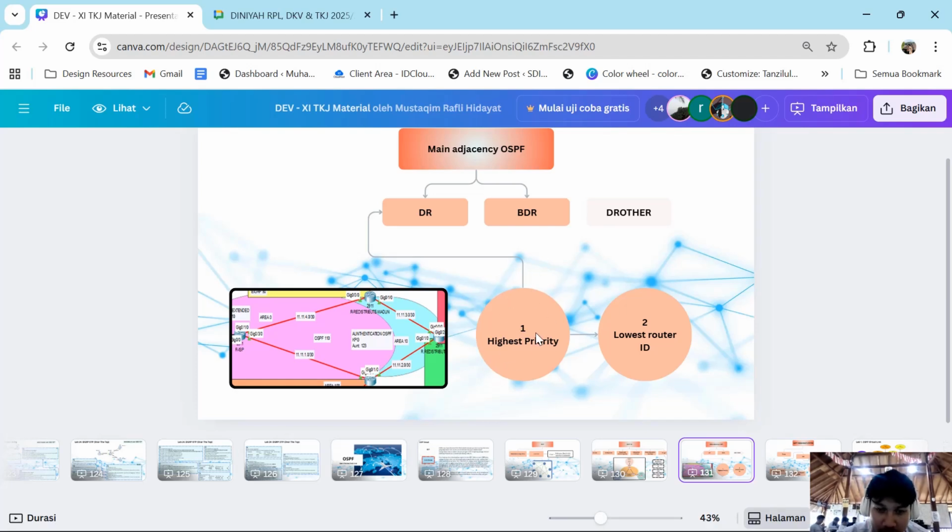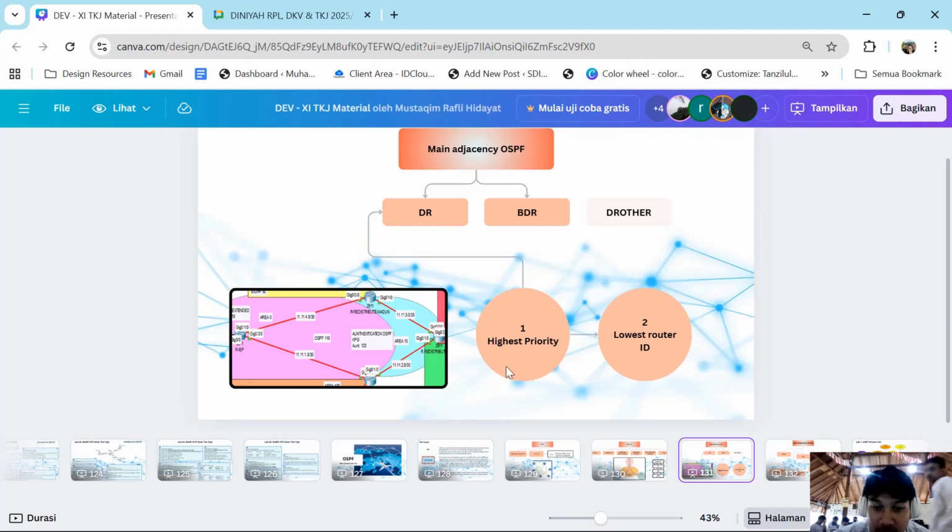Highest priority. It means not priority, like usually priority. No, not like that. Priority means, it's called priority.